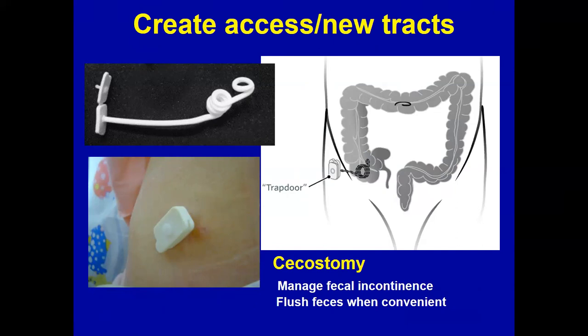So instead of that, you can decide, okay, I'm going to go to the toilet in the morning or in the evening. You sit in the toilet, you open this door, and you put a liter or two of fluid in the colon, and that will just flush the colon out. The patient will sit in the toilet and will pass the feces. So what will happen during the day is he will stay dry. The patient goes out without any social embarrassment.